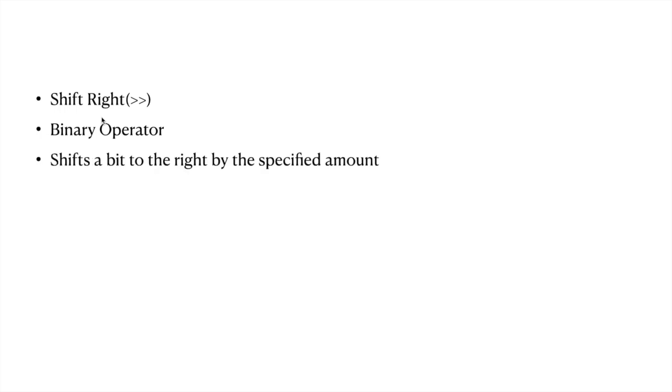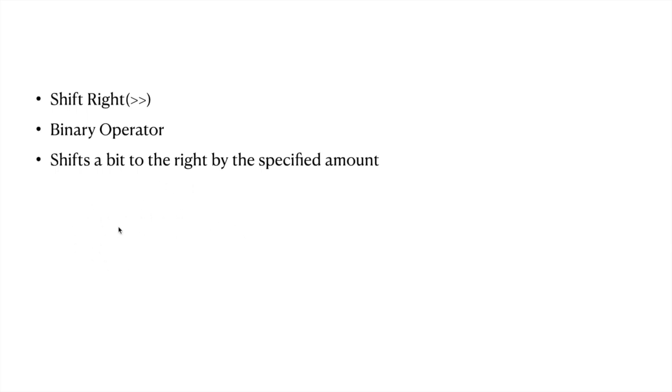The other bitwise operator is shift right. As the word indicates, it shifts bits to the right. It is effected through 2 operands connected by the shift right operator, where one of the operands is a binary number and the other is an integer.